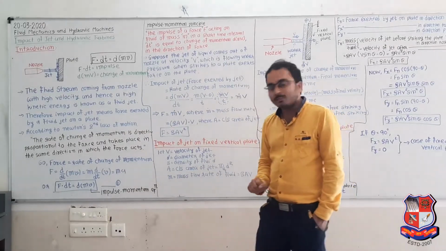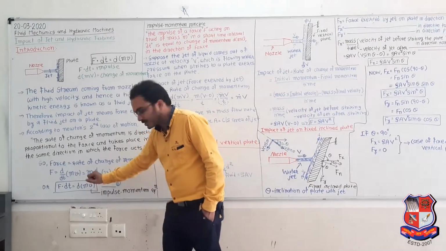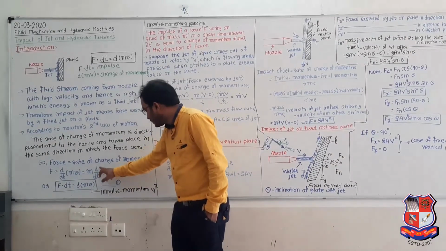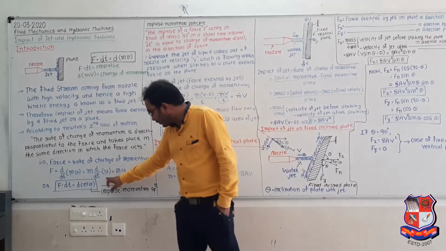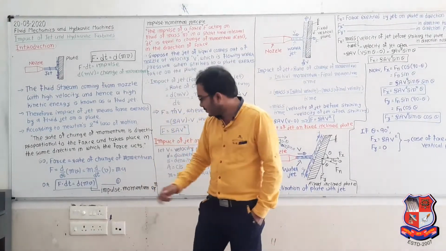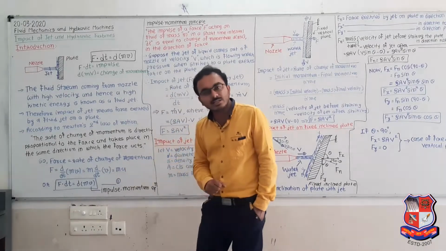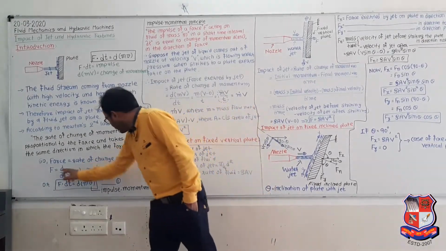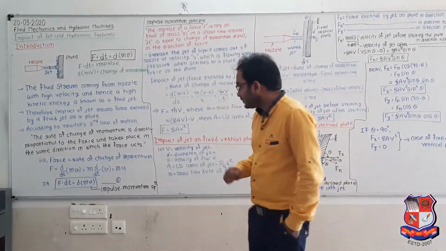As we all know, mass does not change with respect to time, so m can be taken out of this differentiation. So m is taken out and we have d upon dt of v. The time derivative of velocity gives us the acceleration. So instead of d upon dt of v, we can write acceleration a. So F is equal to ma, which is the very basic equation of Newton's second law of motion.